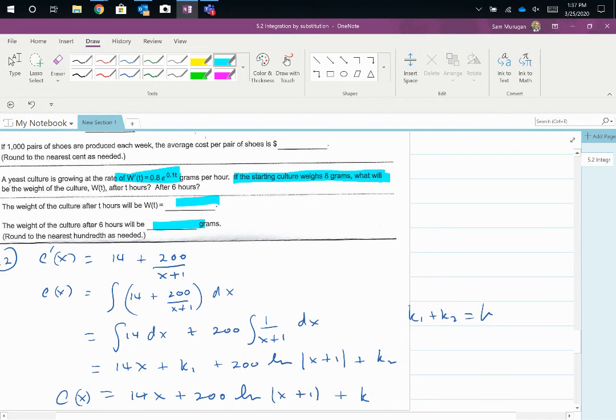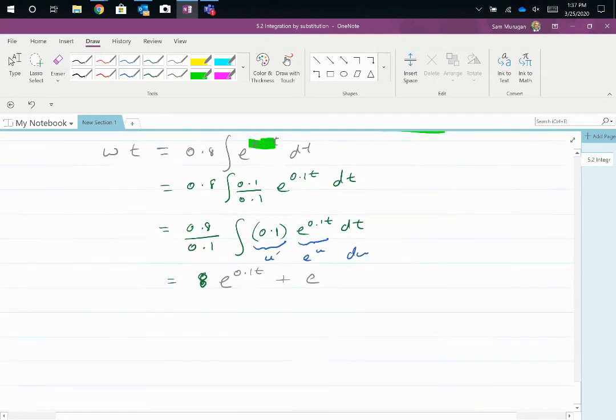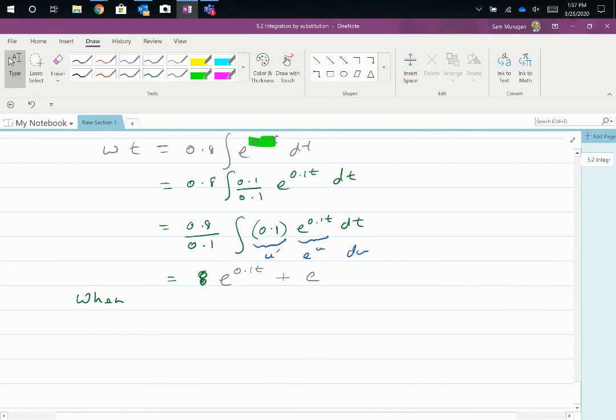So when the time is 0, remember, we just calculated W(t) here, W with respect to T. When T is equal to 0, W(t) is equal to 8.